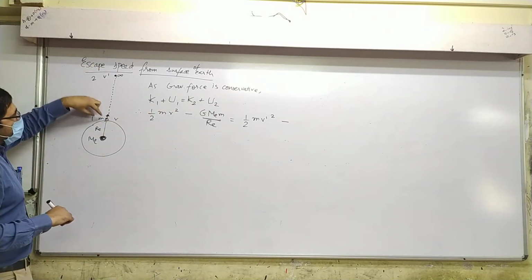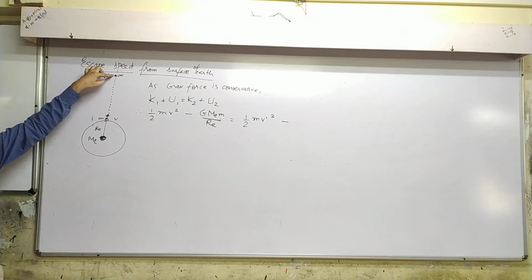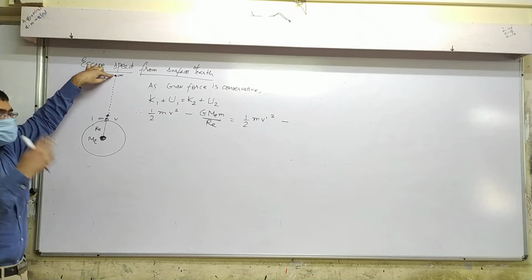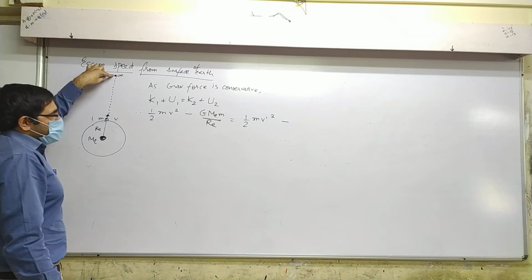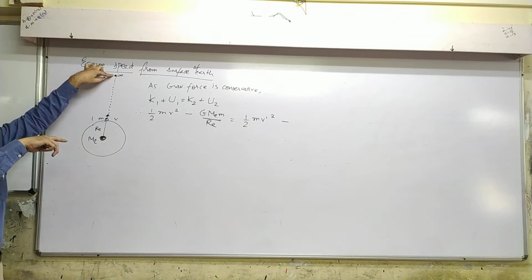When this mass reaches this point, is it outside the sphere or inside the sphere? Outside. Infinity is extremely far. So which formula should be used? Potential energy will be minus G M e m by small r. But what is small r?